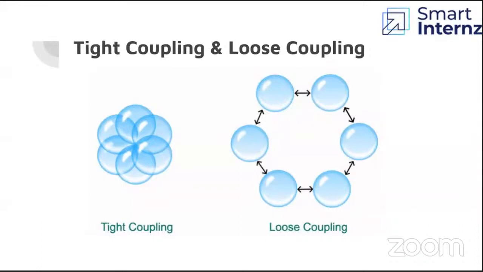So in loose coupling, elements are mostly independent. Let's say there are two classes, class A and class B. If the only knowledge that class A has about class B is what class B has exposed through its interface, which means sharing only the required information, then you can say that your code is loosely coupled, right?